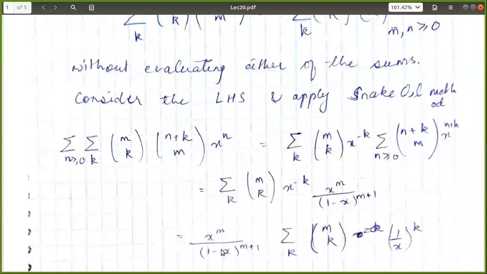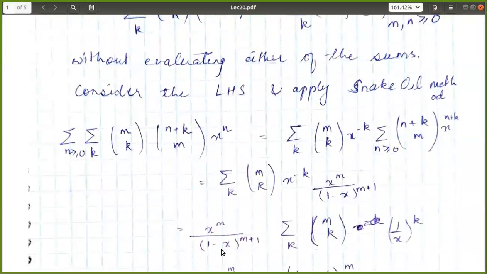And what you will be left with is x raised to m, and this entire thing is free because the summation is running over k. So the m powers are all free. So you take x raised to m over 1 minus x raised to m plus 1 outside, and you have the summation over k, m choose k, 1 upon x raised to k. So instead of writing x raised to minus k, I've written 1 over x raised to k.